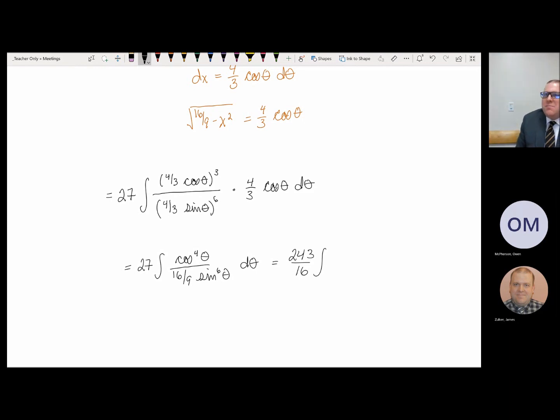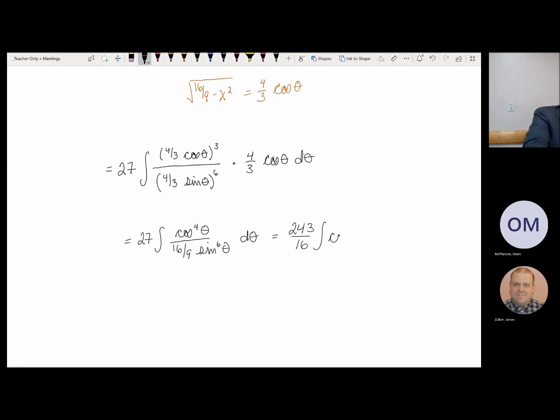That is going to be a problem. So we're going to have to rewrite it. Cosine to the fourth over sine to the fourth would be cotangent to the fourth, right? We are then left with a 1 over sine squared, which is cosecant squared.